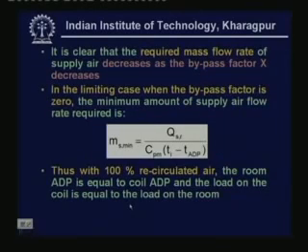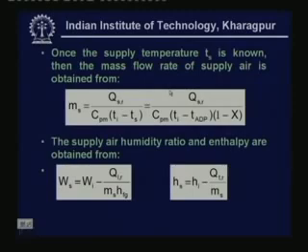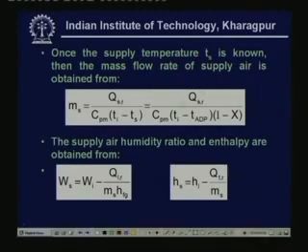Now, from the equation it is clear that the required mass flow rate of supply air decreases as the bypass factor X increases. That means, if everything else is fixed, as the bypass factor X increases, this also increases.